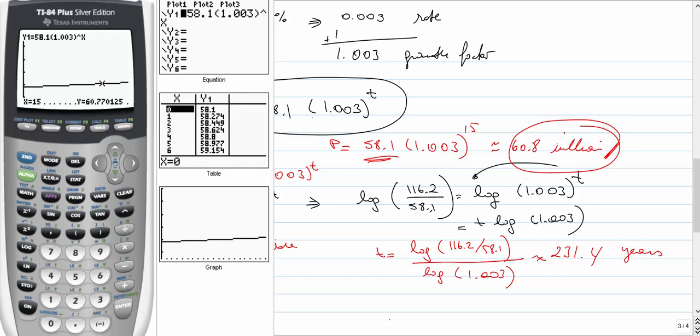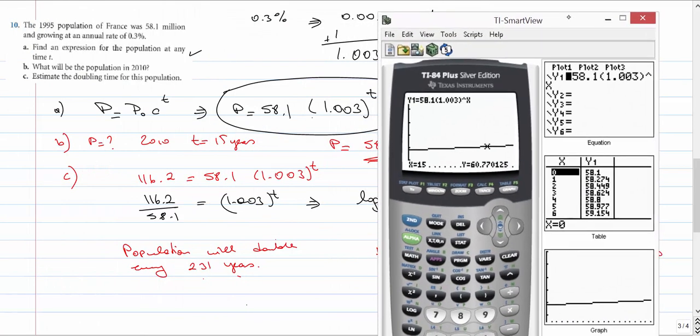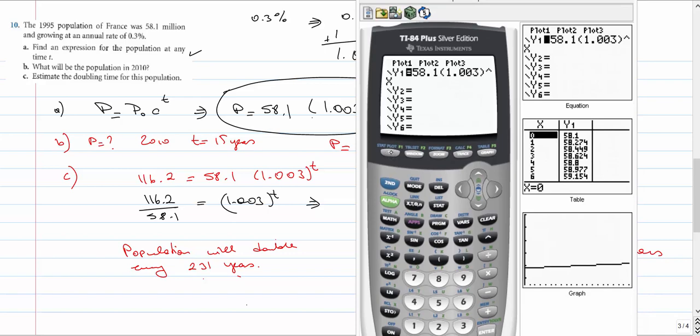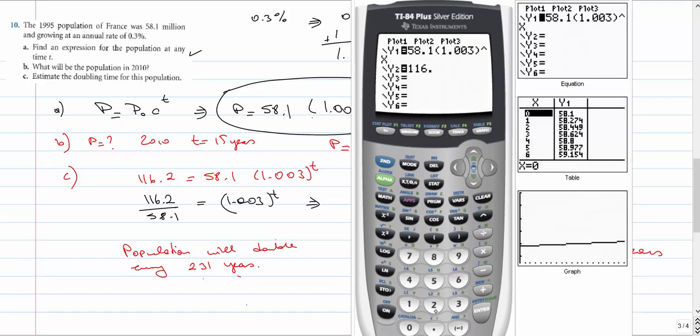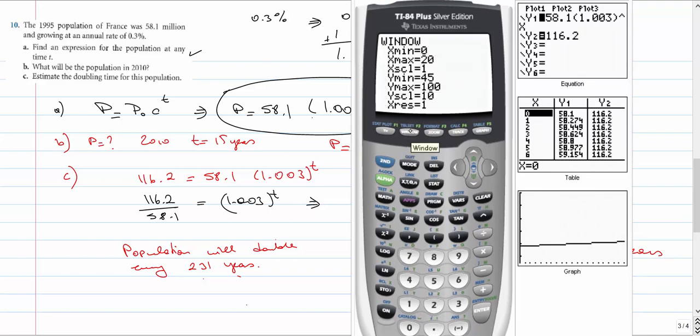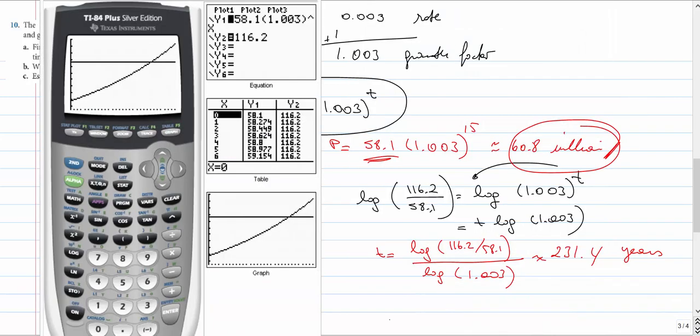So if I wanted to find answer C, then I would have 58 point, and then y2 is 116.2, and on the window X, I go with 0 to 300 with increments of 10.